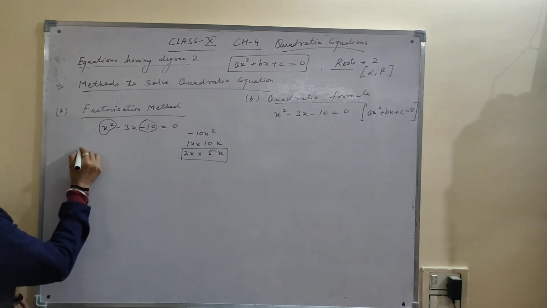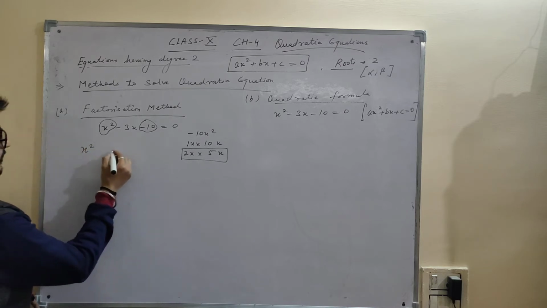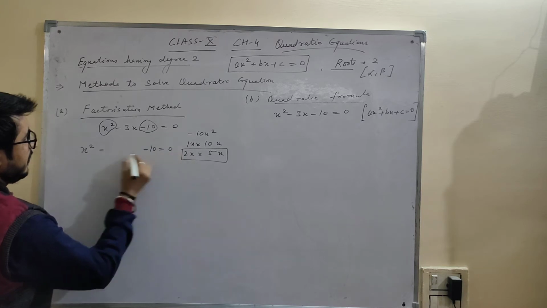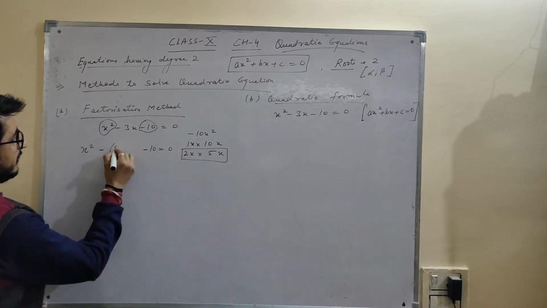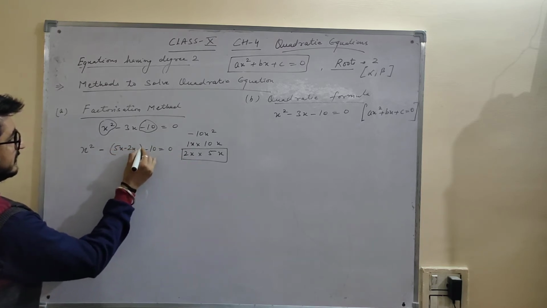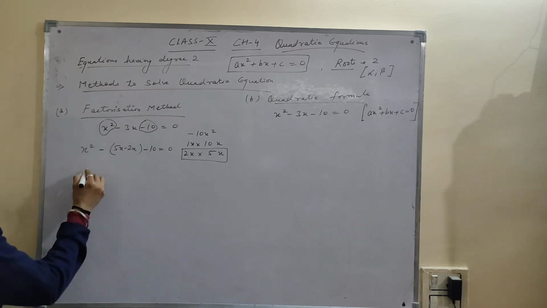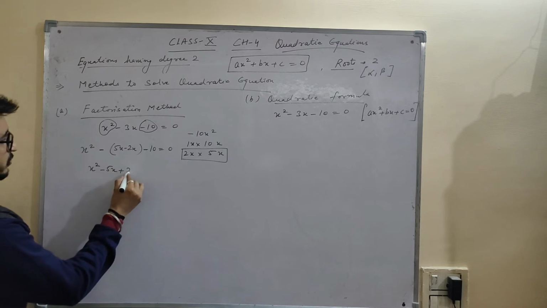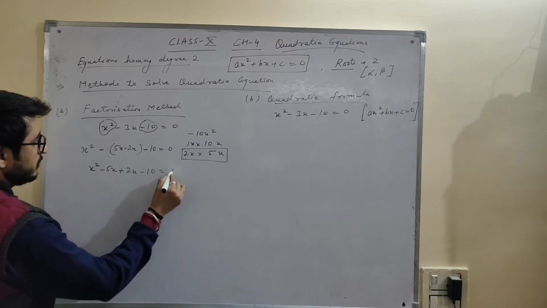So keeping x square as it is, the minus sign as it is, and minus 10 as it is, I can replace 3x by 5x minus 2x. Opening the bracket, I will get x square minus 5x plus 2x minus 10 equals 0.